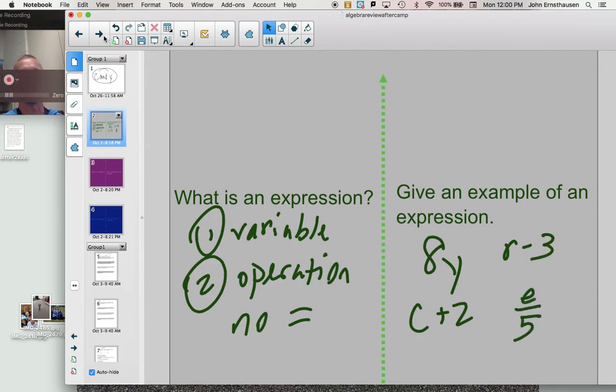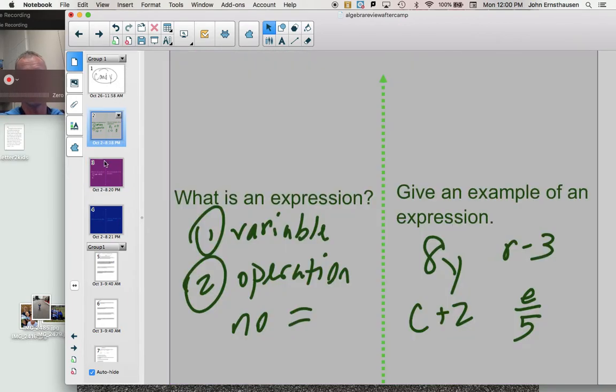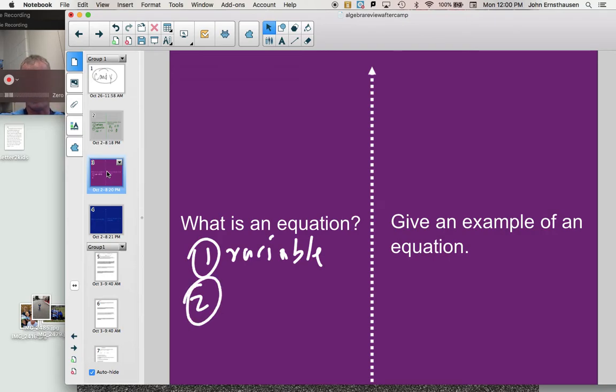Those are all expressions. Okay, what is an equation? So similarly to an expression, if it's algebraic, it's going to have a variable, it's going to have an operation. I was just making sure that I said no equal sign for expressions.